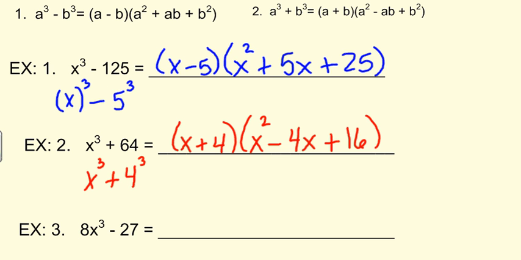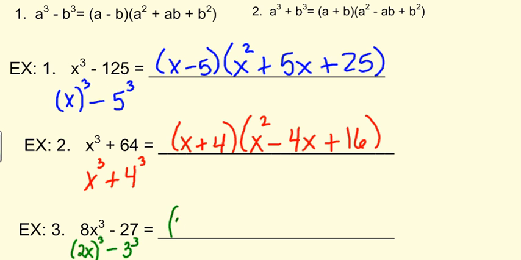In the last example, we have a little bit more difficult problem, and we are looking at the quantity 2x, quantity cubed, minus 3 cubed. So your a in this case would be 2x, and your b in this case would be 3.